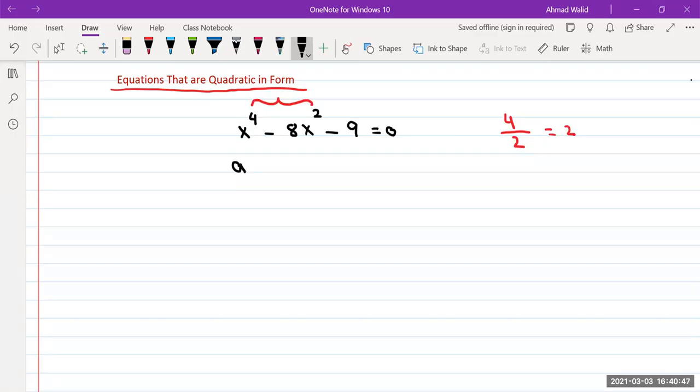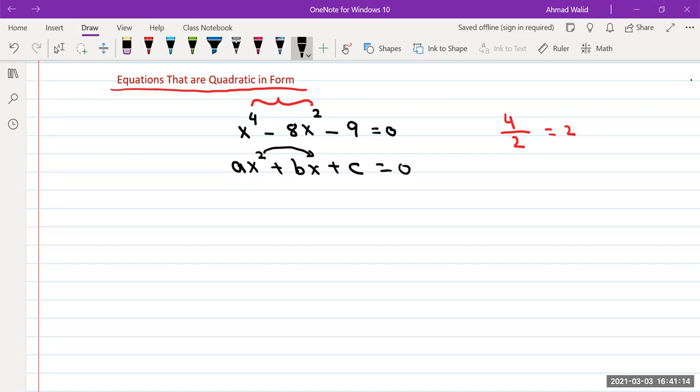Because if I write the general form here for you, ax squared plus bx plus c equals 0, that was your quadratic. The difference is between the exponents of the first term and second term. If you divide the exponent of the first term by 2, it gives you immediately the exponent of the second term.